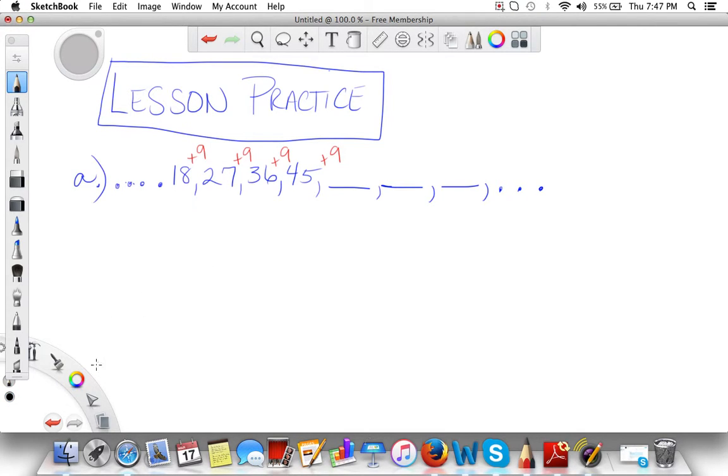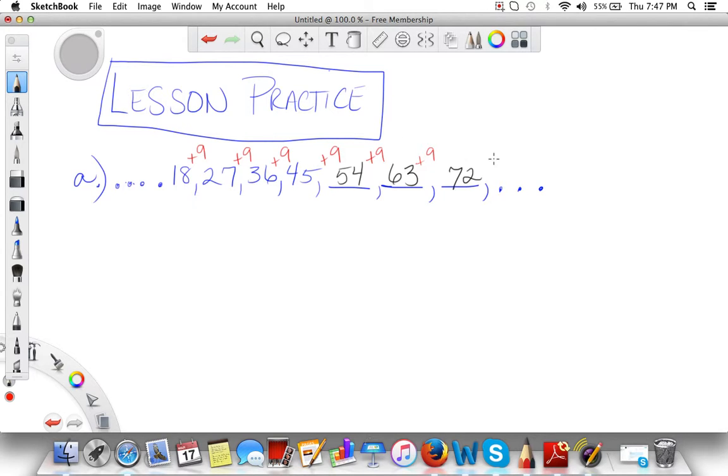Let's go with black. And 45 plus 9 is 54. 54 plus 9 is 63. 63 plus 9 is 72. So that still shows that our rule says plus 9.